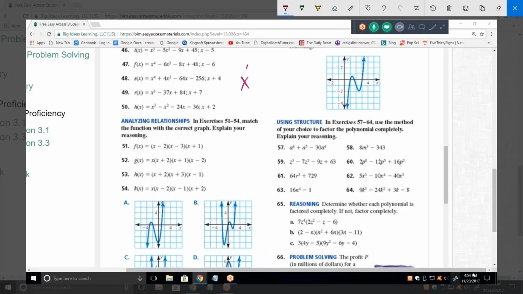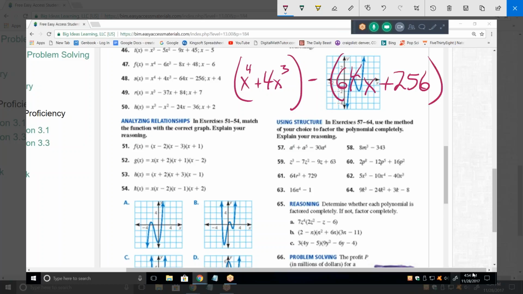So it's x to the 4th plus 4x to the 3rd minus 64x plus 256. Okay, same quartic. Take a greatest common factor out.